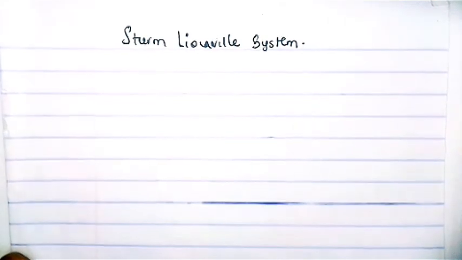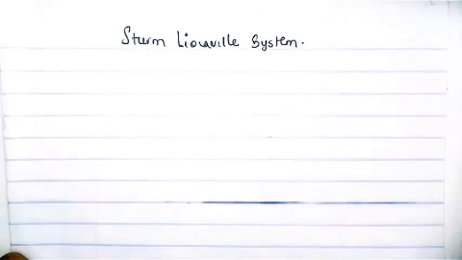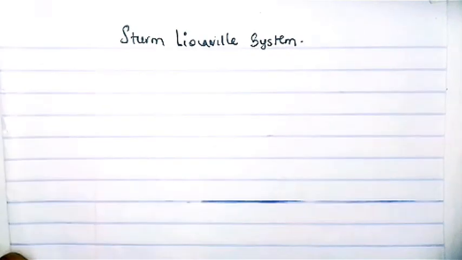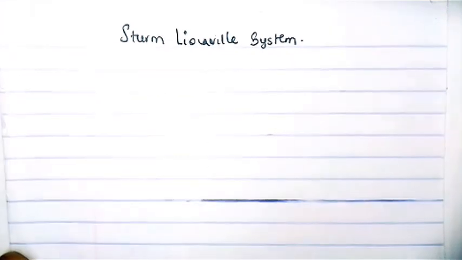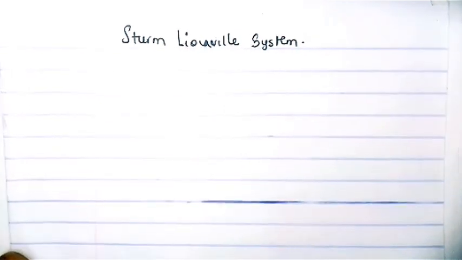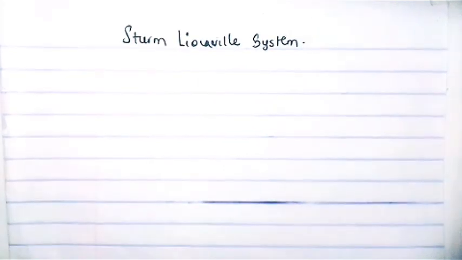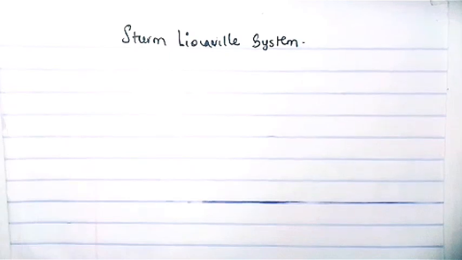So we're going to be looking at the Sturm-Liouville system. Under the Sturm-Liouville system, we're going to be looking at the Sturm-Liouville equation and the arbitrary constant. So what is a Sturm-Liouville system? It is just a system of equations and boundary conditions which helps us to look for what are called eigenvalues and eigenfunctions.